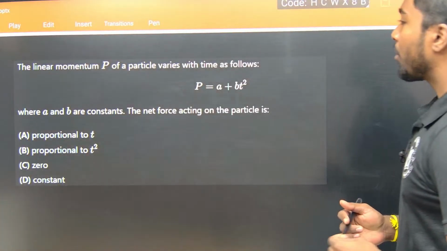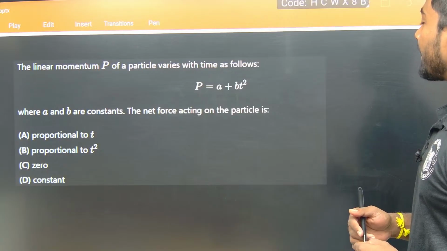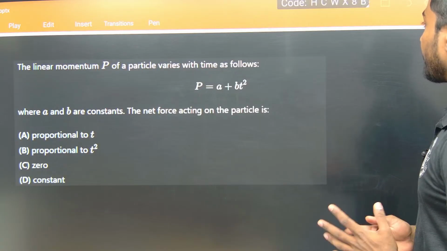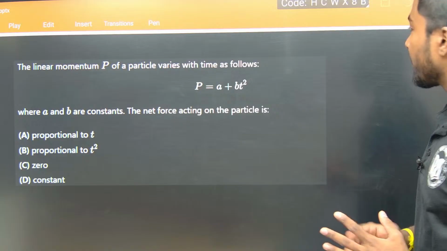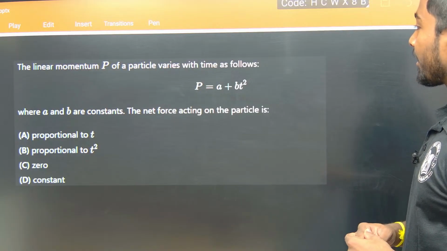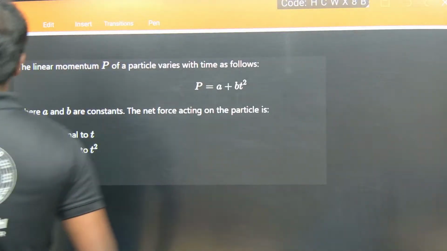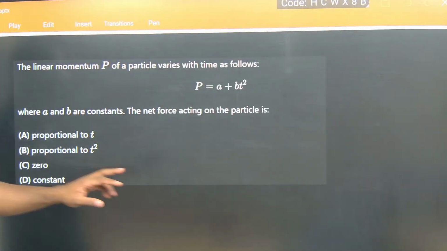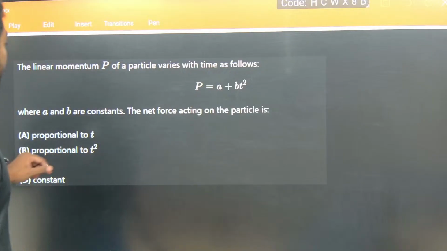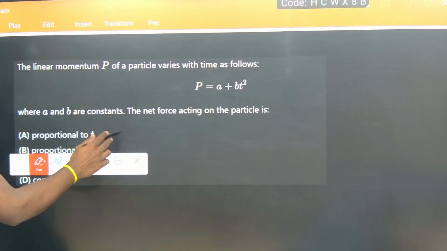The linear momentum P of a particle varies with time as follows: P equals A plus BT square, where A and B are constants. What is the net force acting on the particle?